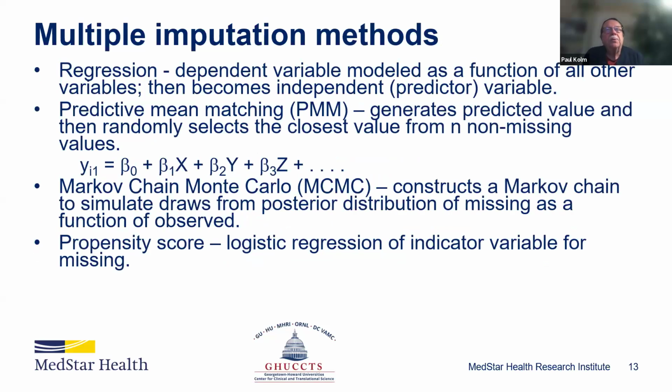So in terms of the methods that are used for multiple imputation, in some way or another, we're going to use regression. In other words, we're going to model the dependent variable as a function of all the variables or the covariates in the data set.